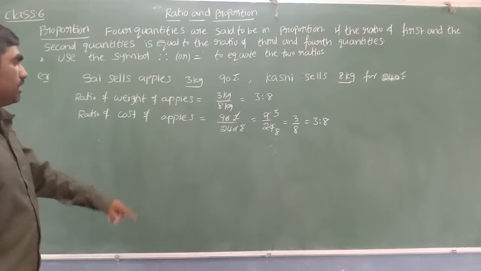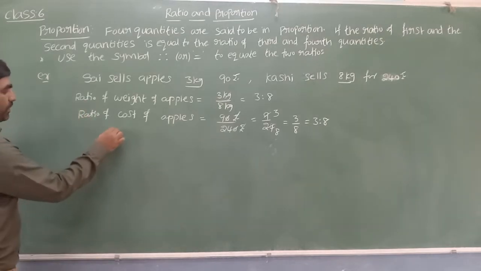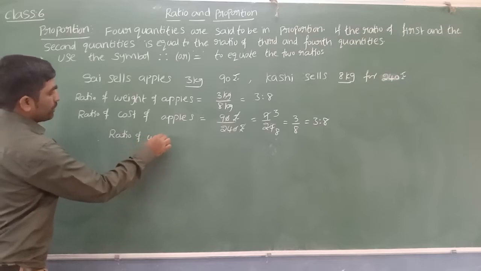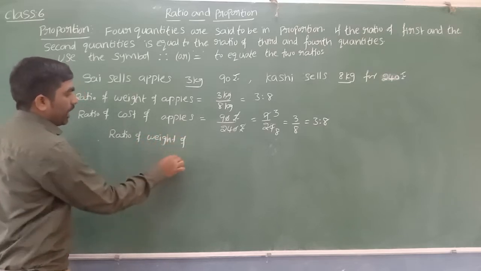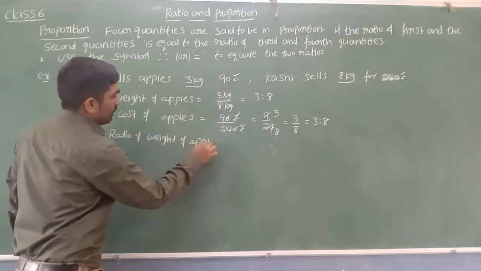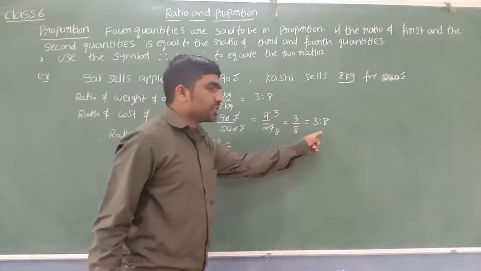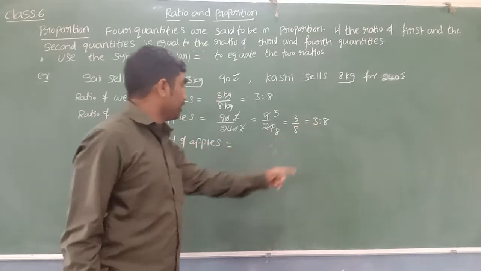What can we observe here? The ratio of the weight of apples is 3 is to 8, and the ratio of the cost of apples is 3 is to 8. Both ratios are equal.